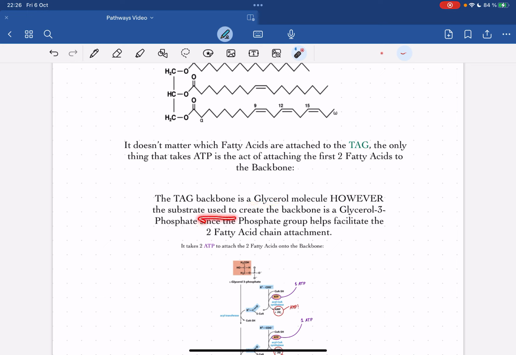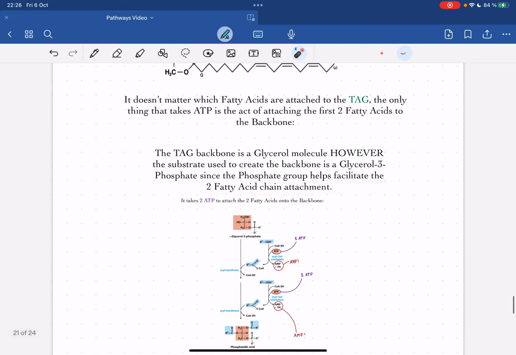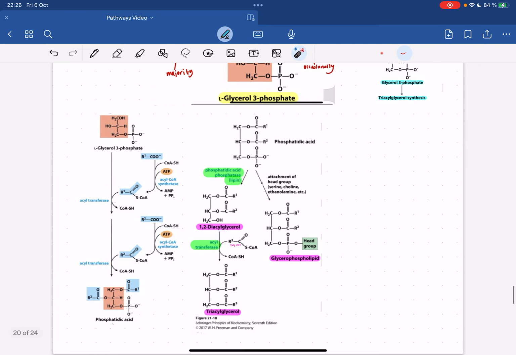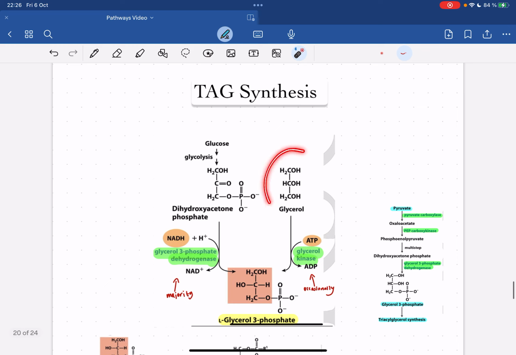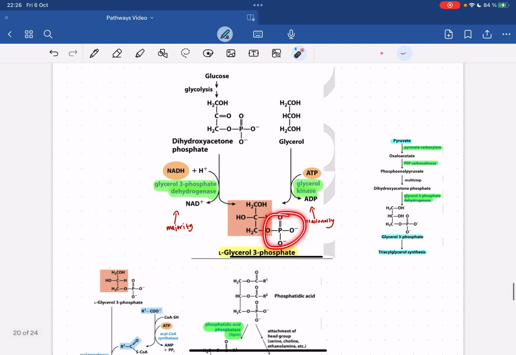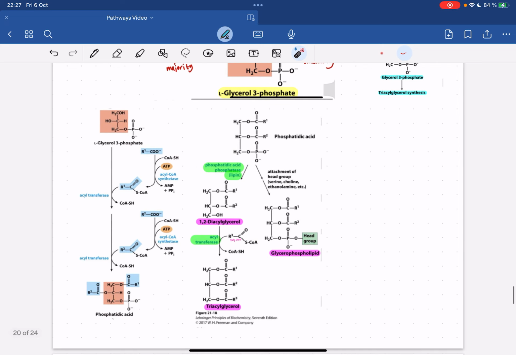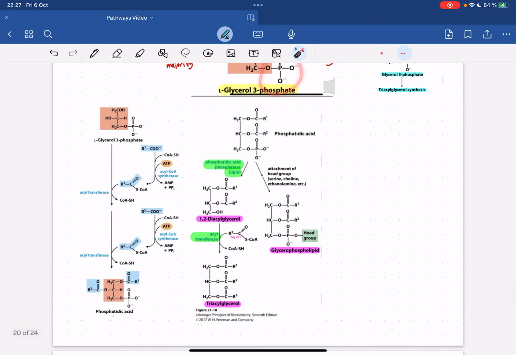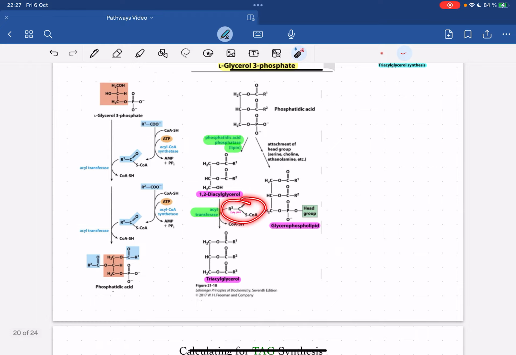However, the substrate used to create the backbone is glycerol 3-phosphate, since the phosphate group helps facilitate the 2 fatty acid chain attachment. So that's why we can't just use this glycerol molecule and add the fatty acid chains into it. We need the phosphate group in order to add in our fatty acids much easier.